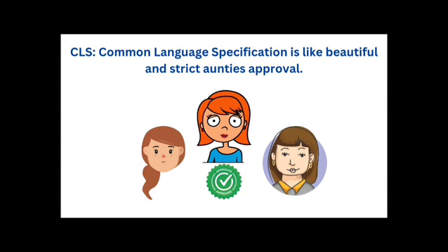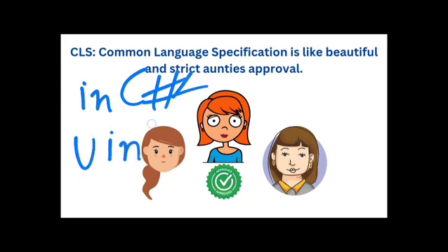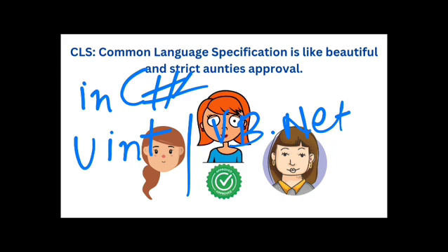Suppose in C# we have uint, but VB.NET doesn't know about uint because it's not supported. Unsigned integer is not supported by VB.NET.